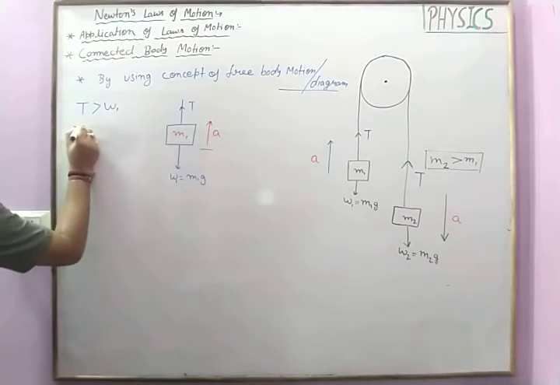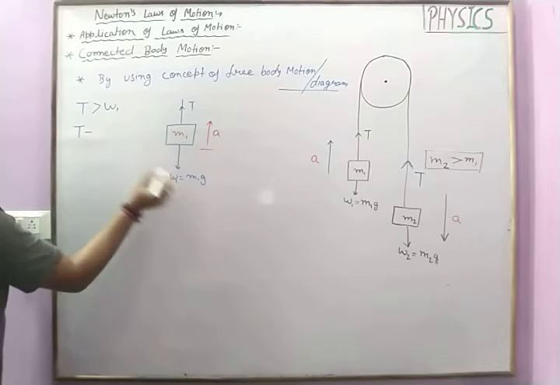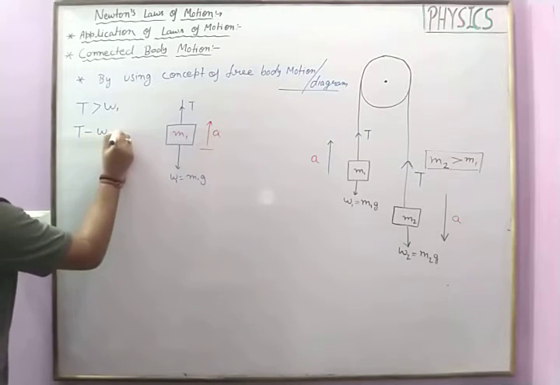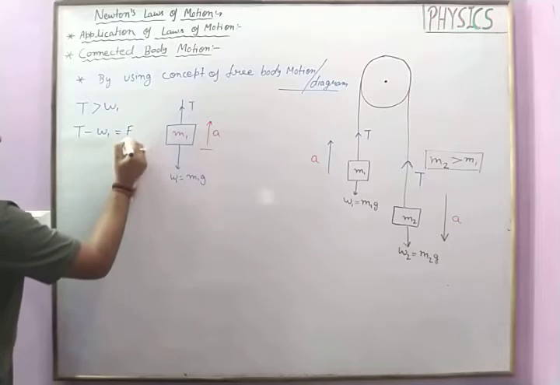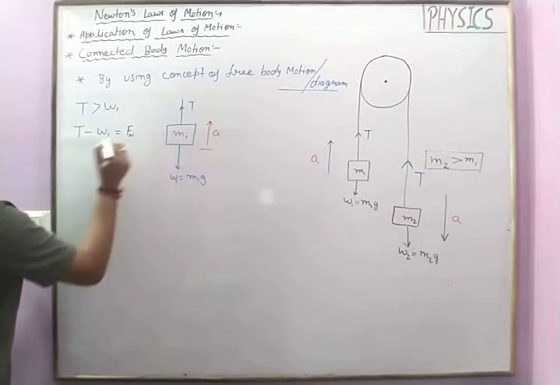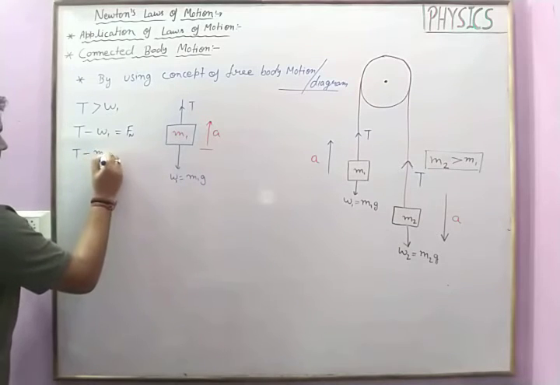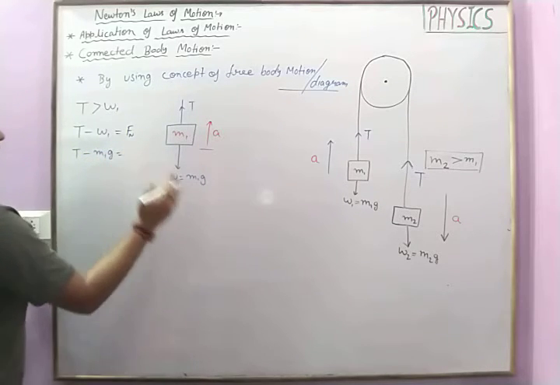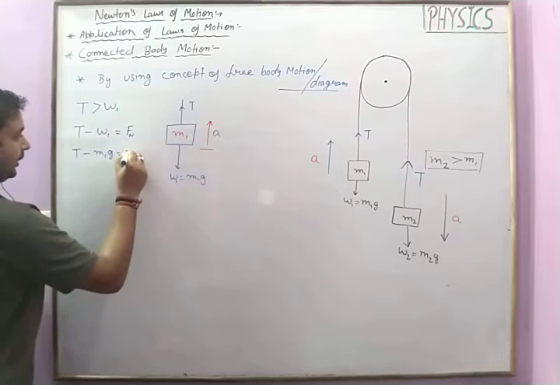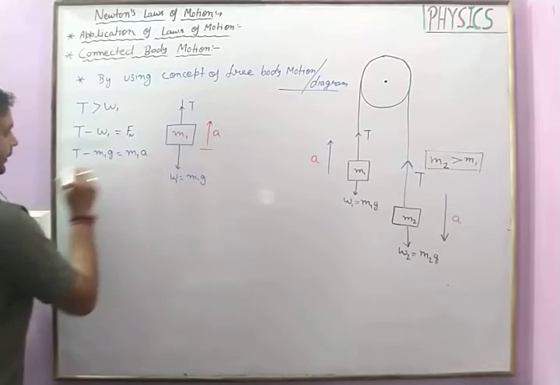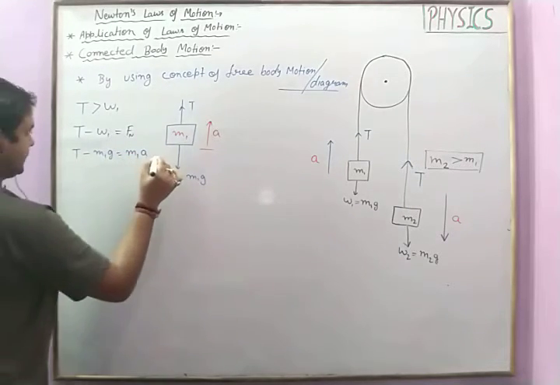Therefore, T minus weight of body is equal to net force. Okay, that is, T minus weight of the body m1g is equal to the acceleration gained by the first body, that is m1a. This is our first equation.